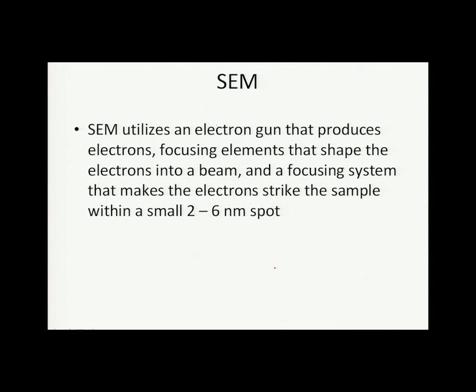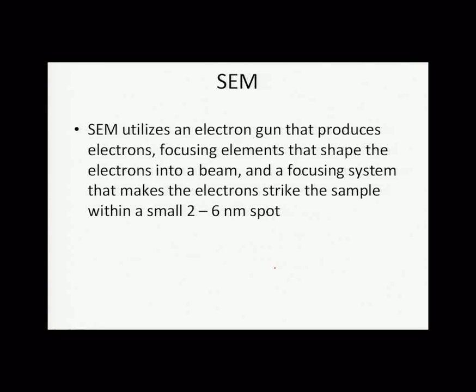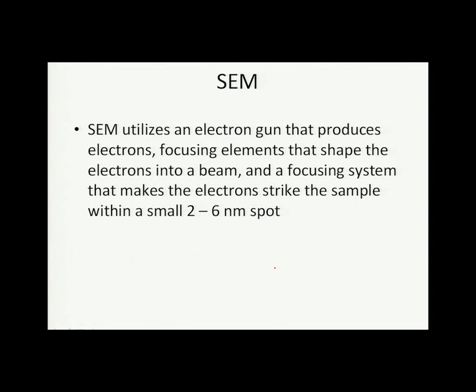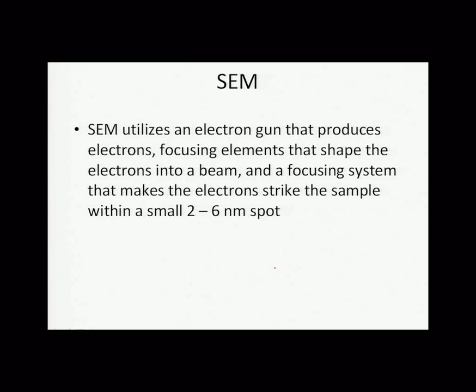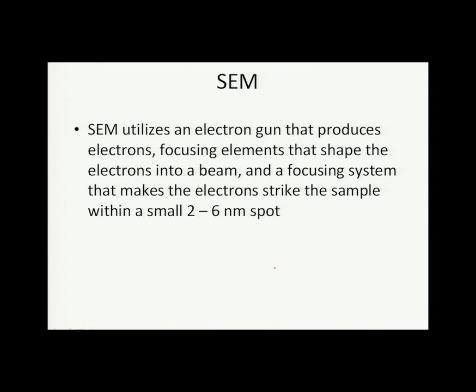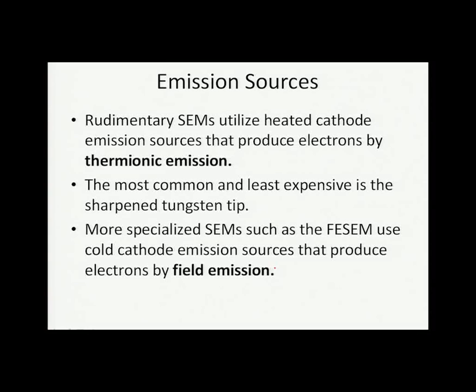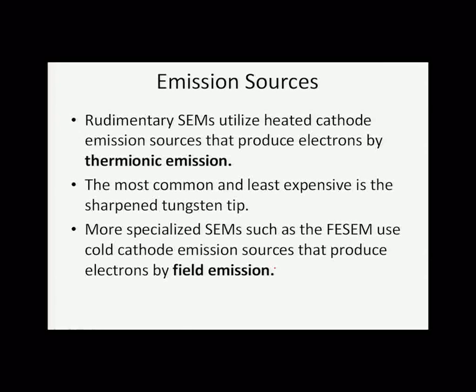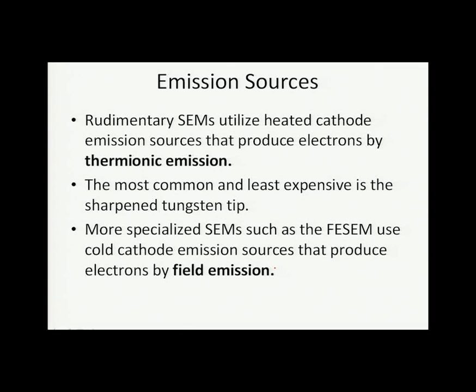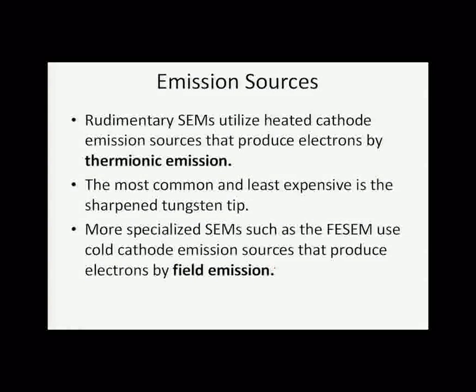So SEM utilizes an electron gun that produces electrons, focusing elements that shape the electrons into a beam, and a focusing system that makes the electrons strike the sample within a very small 2 to 6 nanometer spot size. As far as emission sources, rudimentary SEMs utilize heated cathode emission sources that produce electrons by a process called thermionic emission.